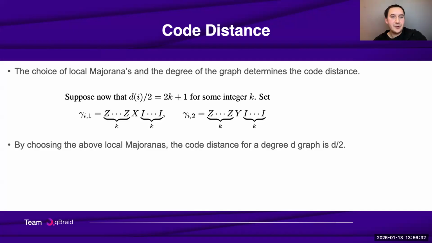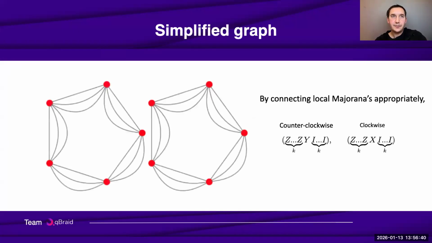And this works for a graph of degree d over 2, so the code distance is d over 2.